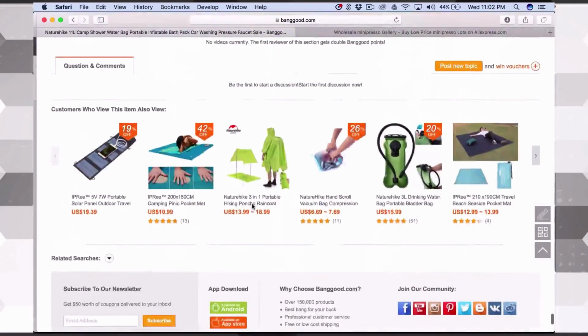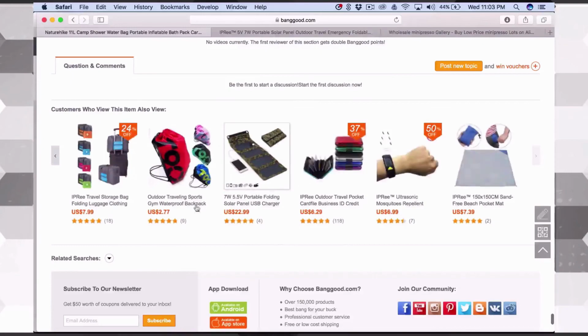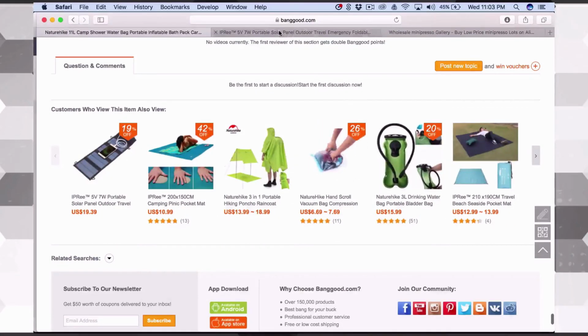So if you come down all the way at the bottom, you can see customers who viewed this item also viewed, right? So this is actually the product I was going to tell you guys about. So let's open that up in a new tab. But you can see that there's some other products like this portable bladder bag, right? This sandless pocket mat, right? So if you come down here, you can see there's other products that you might be missing out on if you don't scroll all the way down.